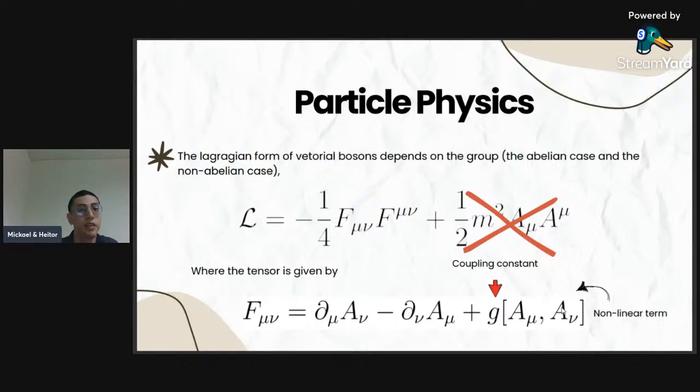Electromagnetism is a linear theory, and also, just like Heitor said, I don't have photon-to-photon interaction. So this term here, we require this one to be 0. That's valid for abelian theories. But when we're discussing non-abelian theories, and I have interactions among our gauge bosons, then I have to include this term in here for the tensor. Basically, that's the main idea in here.